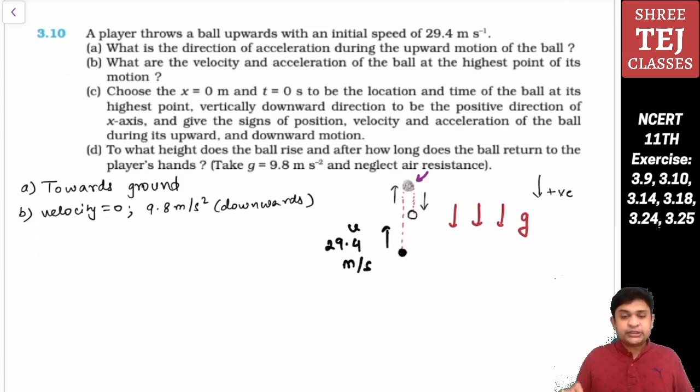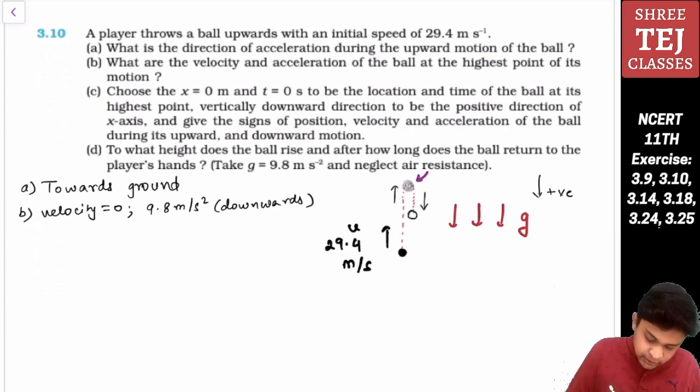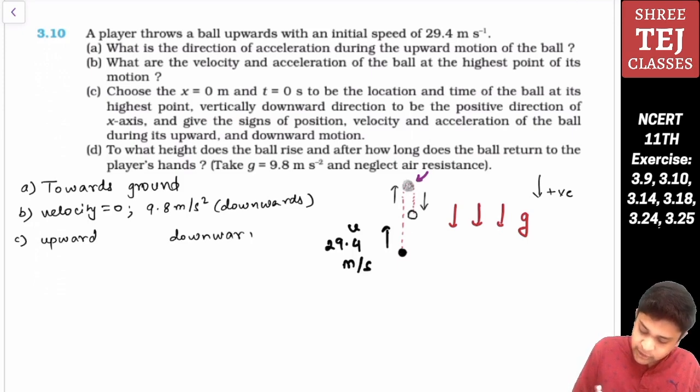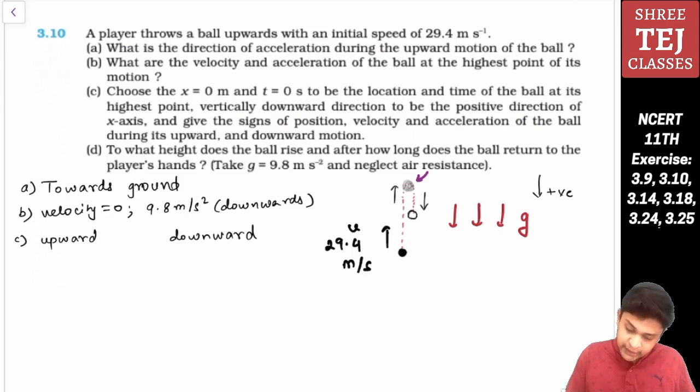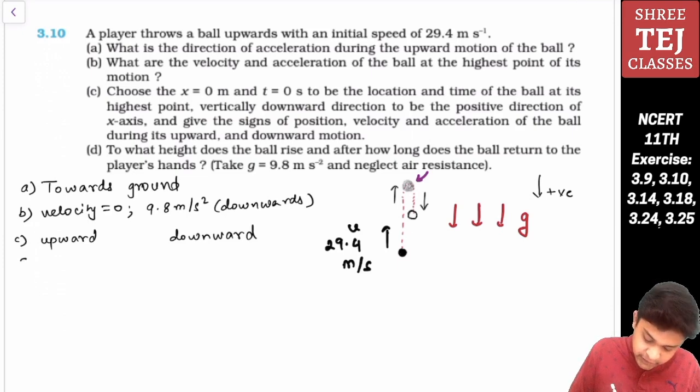Give the signs of position, velocity and acceleration of the ball during its upward motion and downward motion. First we need signs of position.